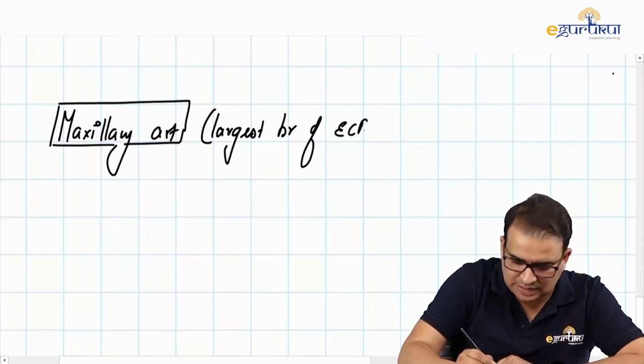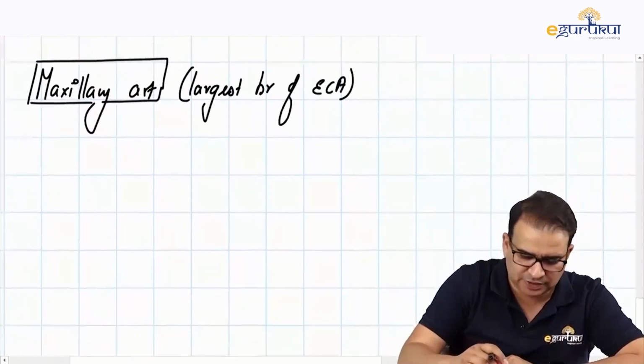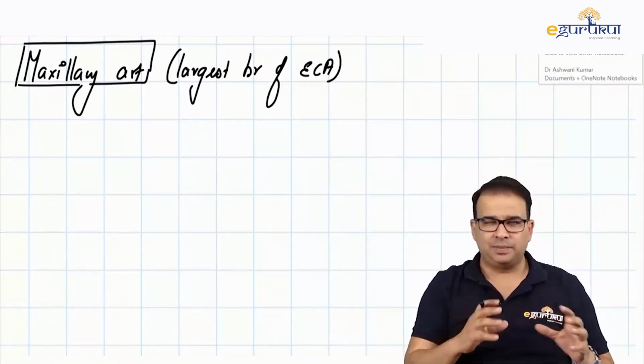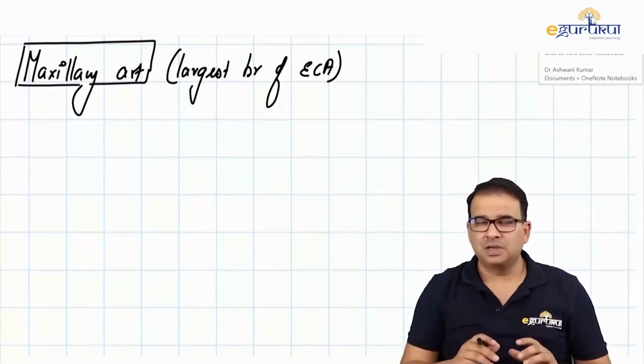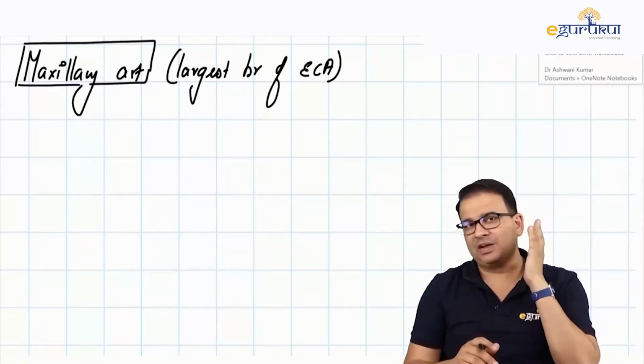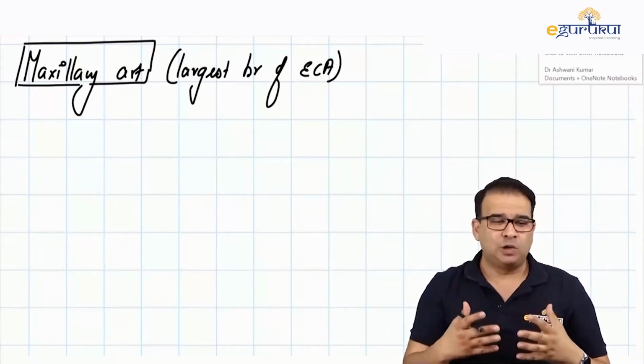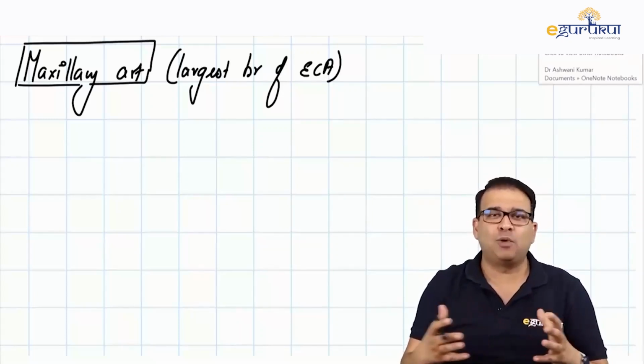As you already said, it is the largest branch of the external carotid. Well, let's understand this maxillary artery with the help of an atlas image first. Once we have a topographic understanding of the maxillary artery, then we can think about the branches. Because although there are 16 branches, there is no need to mug up all the branches.